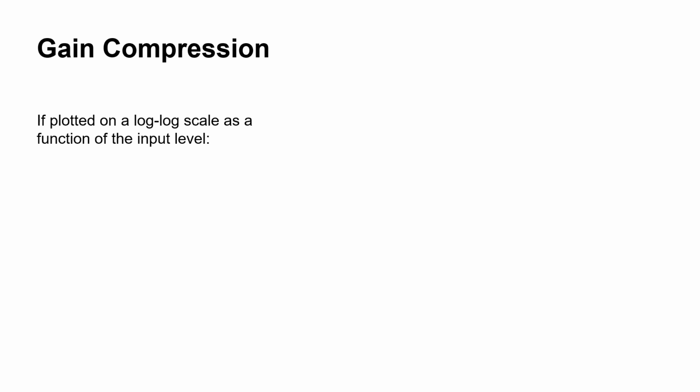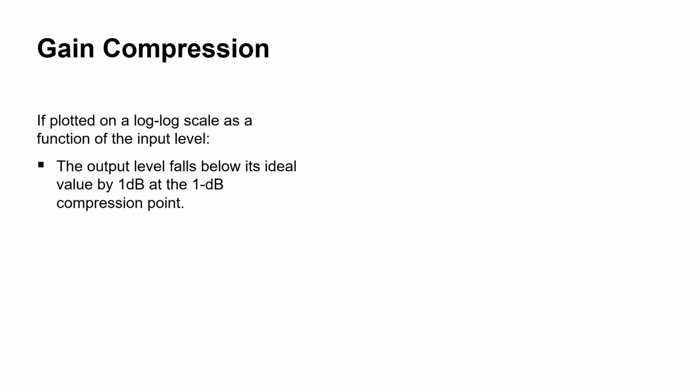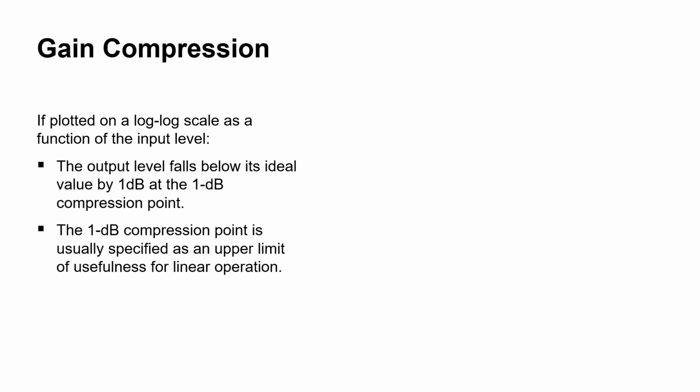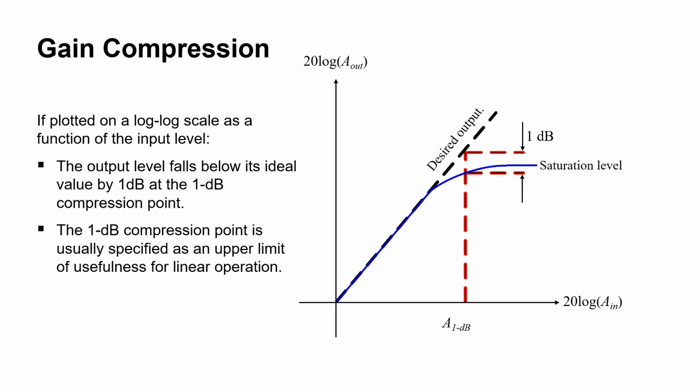So gain compression, if plotted on a log scale as a function of input level, the output level falls below its ideal value by 1 dB at the 1 dB compression point. The 1 dB compression point is usually specified as an upper limit of usefulness of linear operation.